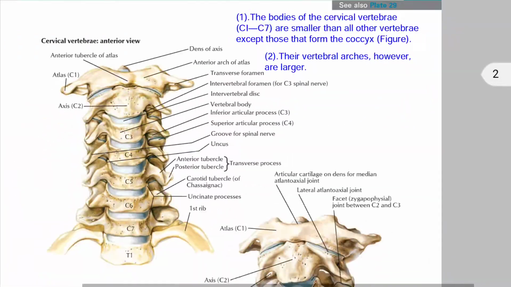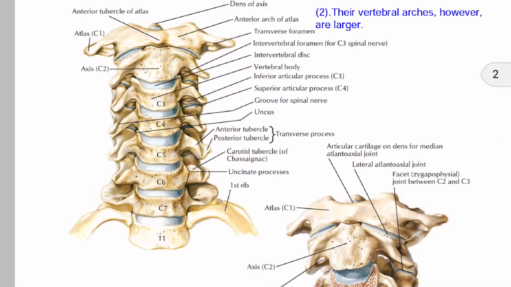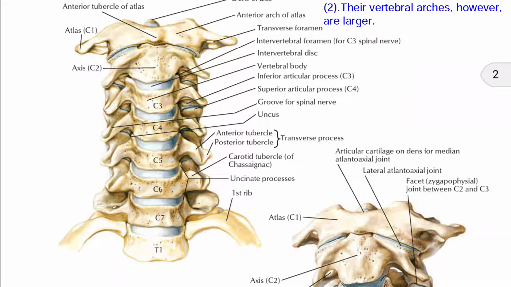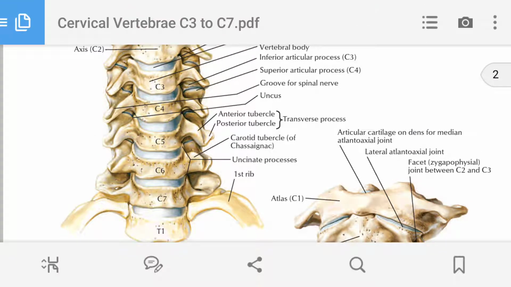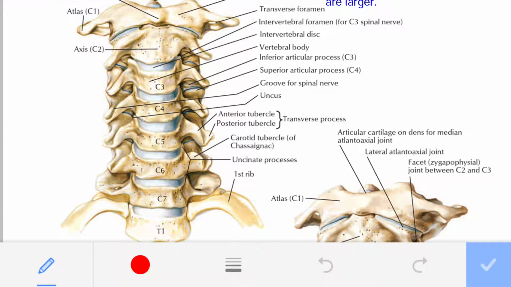For example, here you can see these are the bodies of the cervical vertebra, and here you can see, for example, the first thoracic vertebra. So the body of T1 is larger than the bodies of the cervical vertebra.